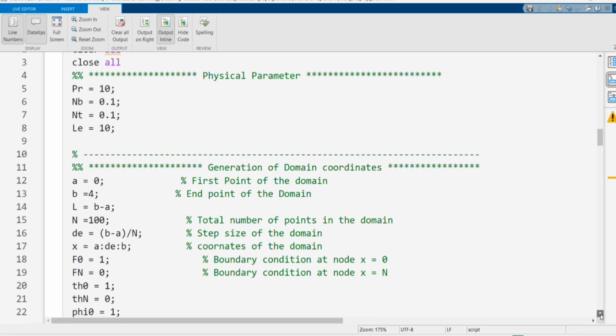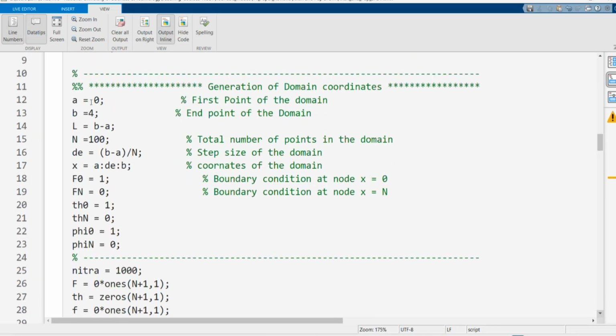Then we have left domain a equal to 0, b equal to 4, and then we have step size, then domain coordinates. Then this is the boundary, but here we are just calling it f0 equal to 1, fn equal to 0, theta 0 equal to 1, and so on.